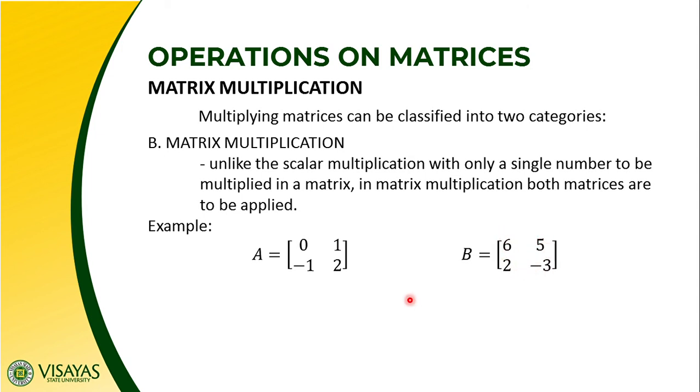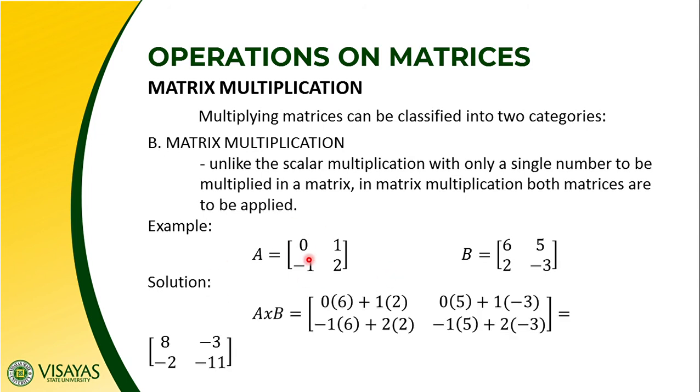So how do we get the product of these two matrices? First, what you need to do is, here, we have for matrix A, the elements on the first row are 0 and 1. And in order to get the element on the first row, first column of the product, you multiply these rows to the elements on the first column of the second matrix.